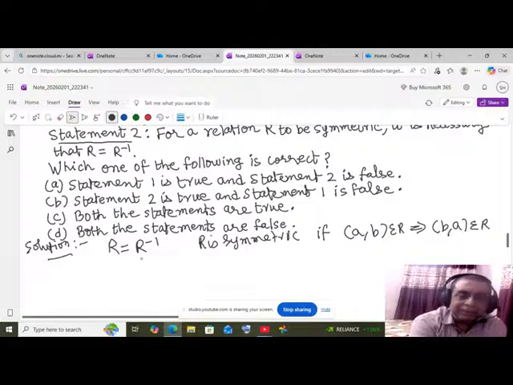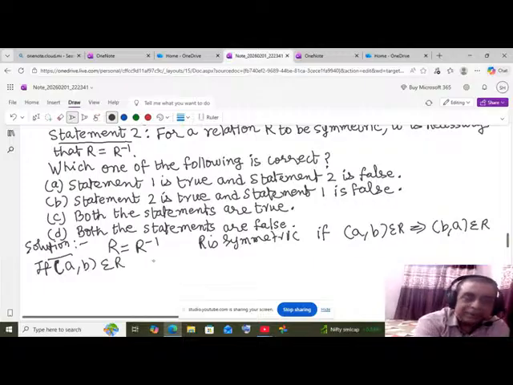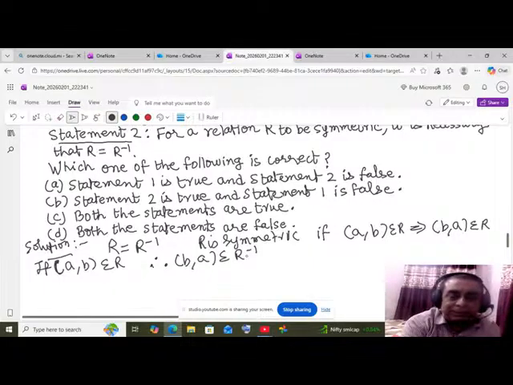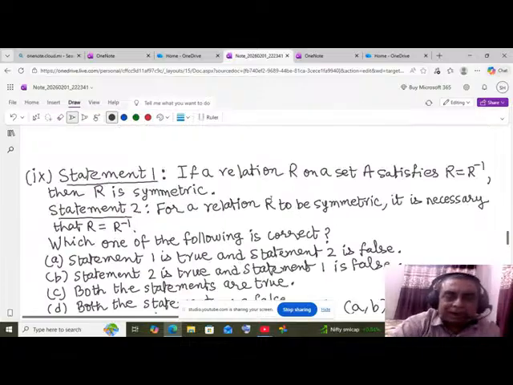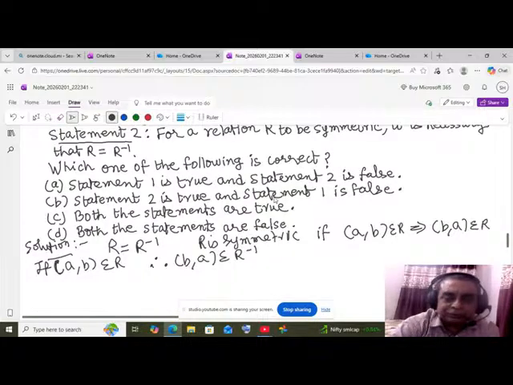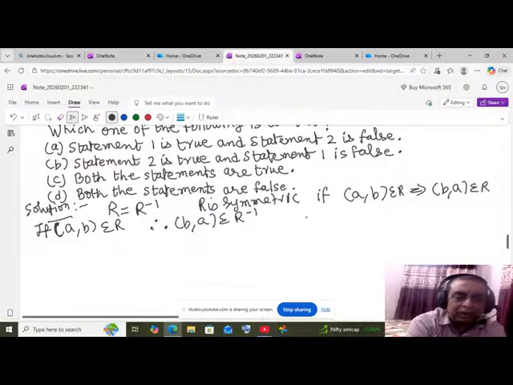Now, what does R inverse mean? R inverse means that if (A, B) is an element of R, then (B, A) is an element of R inverse. That means change the order. So in the question we are told that R equals R inverse.